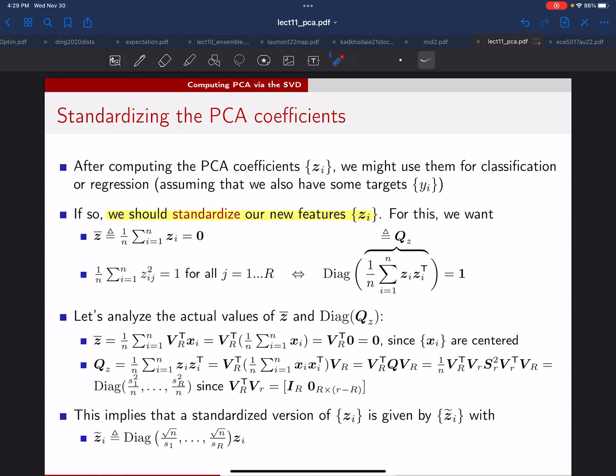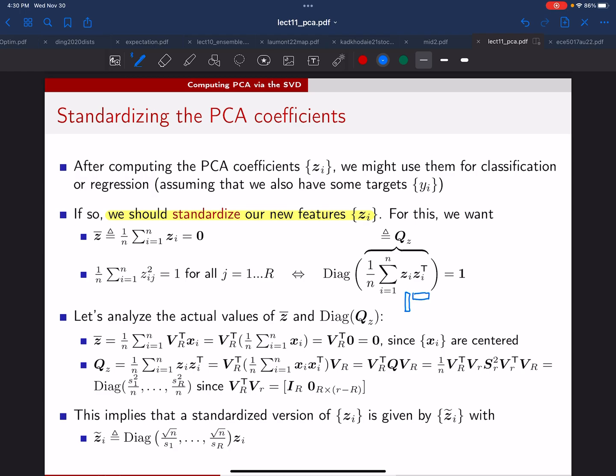So the first step is to realize that, let me try to visualize this. Let's say I have Zi times Zi transpose. That's going to be a whole matrix, right? But what if I just look at the diagonal terms of that matrix?